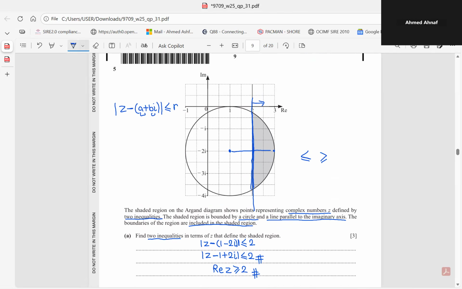If you take a ruler, pivot it at the origin and rotate it around the shaded region, you would find that the least value of arg z, or the least possible angle for points in this shaded region, including the boundary, is this exact point here.